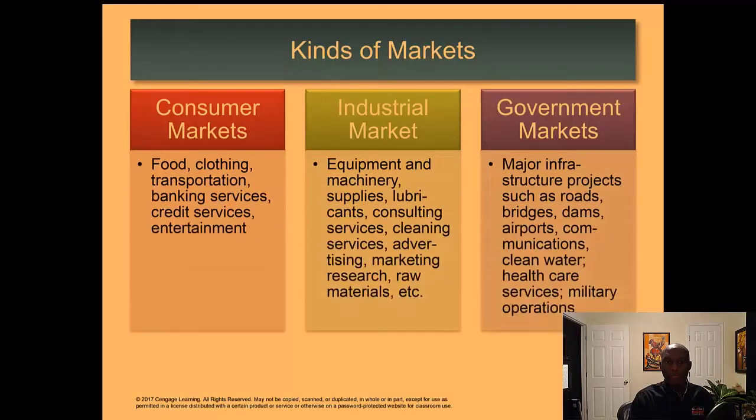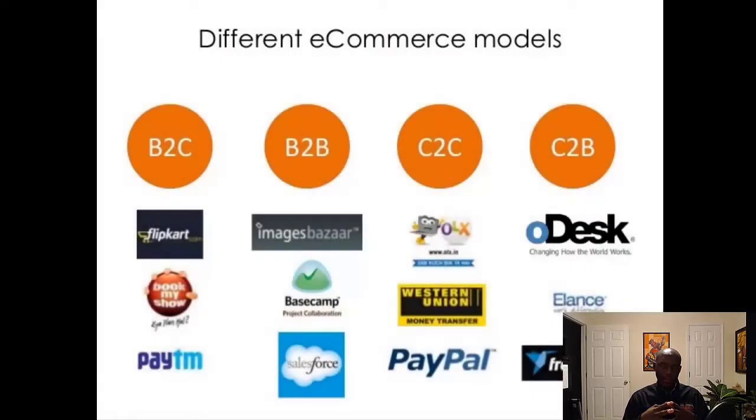Following, you have different types of markets. Now, when we talk about digital marketing, we always talk about this matrix where you have B2C, which is business to consumer. You have C2B, consumer to business. You have B2B, which is business to business. And you have C2C, which is consumer to consumer.